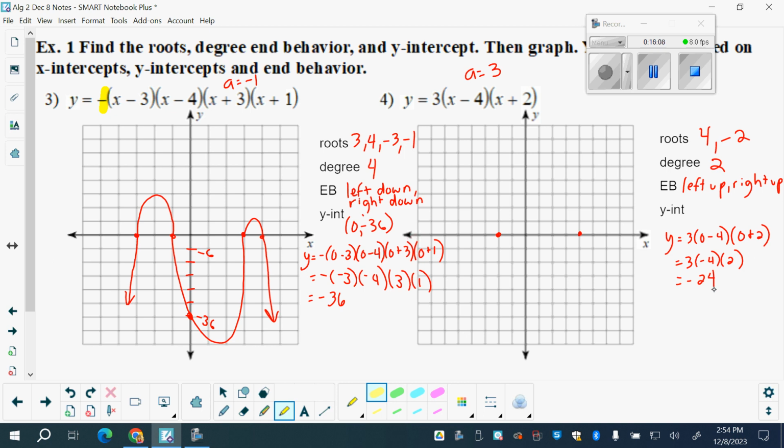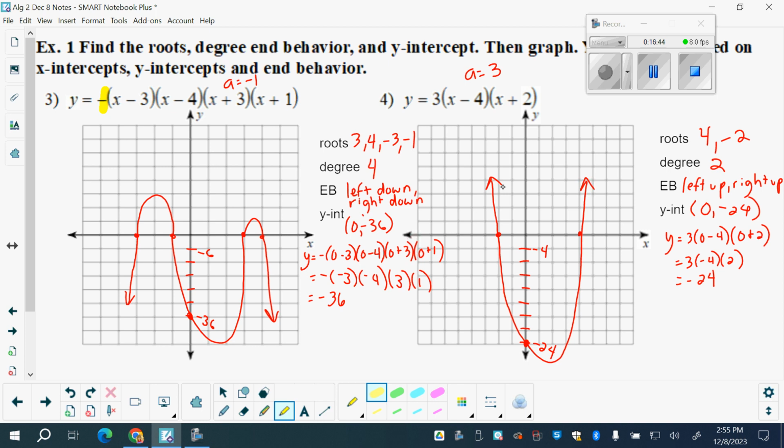So on my y-axis, it's not going to fit, so I'm going to go increments of 4. So there's negative 24. And so I start with left up. Come down through the y-intercept. One curve between that and the next root, and then I end up.